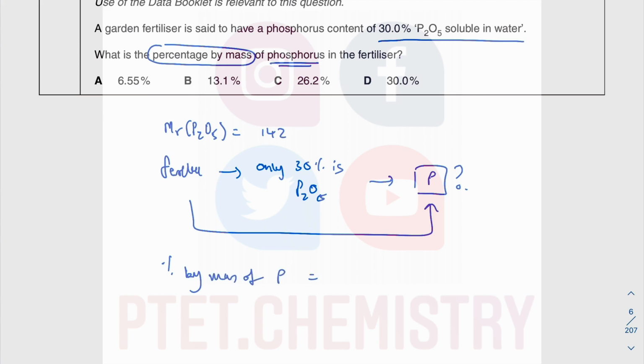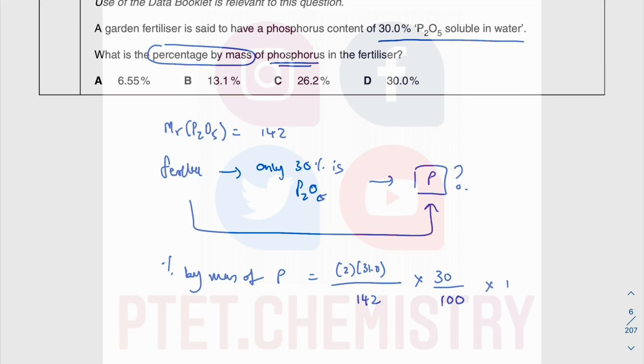If you just go from here to here, we can easily see that there are 2 phosphorus in P2O5, so 2 times 31 divided by the molar mass of the P2O5, but that is from here to here. But then we all know that only 30% of it is P2O5, so I need to multiply by 30 over 100 because only 30% of the whole thing is actually P2O5, okay?